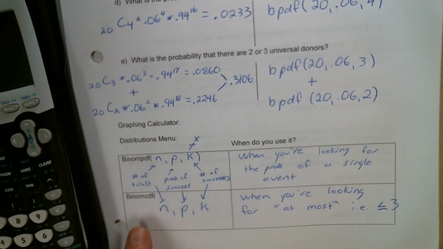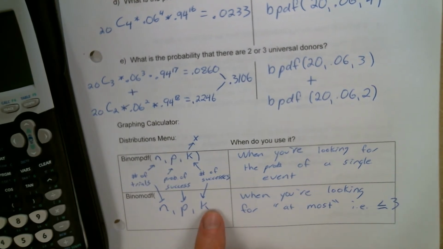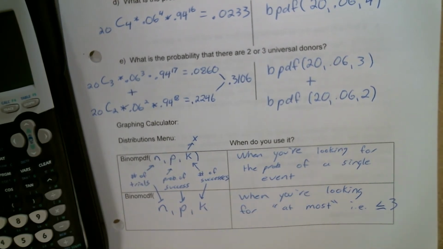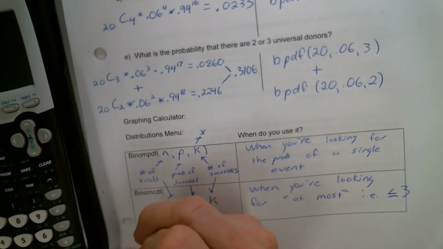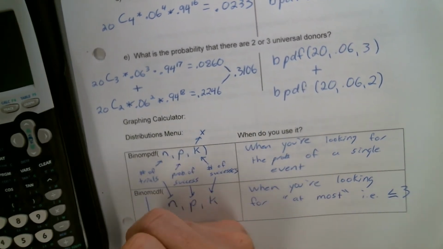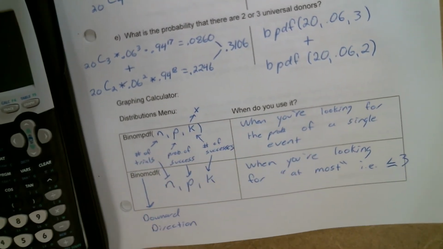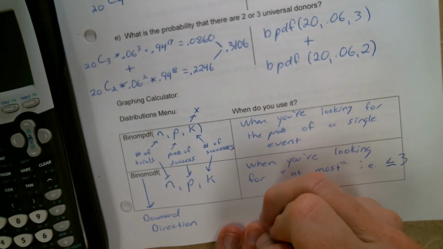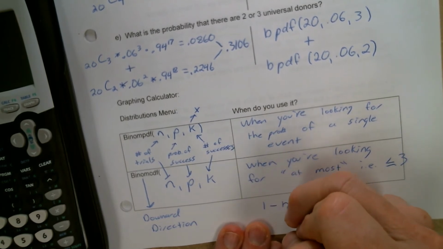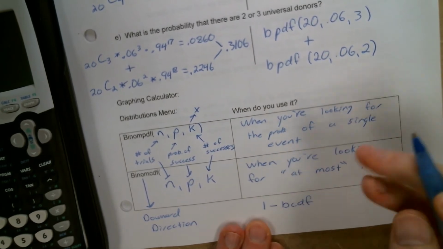But when you do a binomial CDF of like 4 successes, it gives you the probability of 4 plus the probability of 3 plus the probability of 2 plus the probability of 1 plus the probability of 0. It only goes in a downward direction. So what that means is if you want to do something like greater than 3, generally you have to do something like 1 minus binomial CDF.